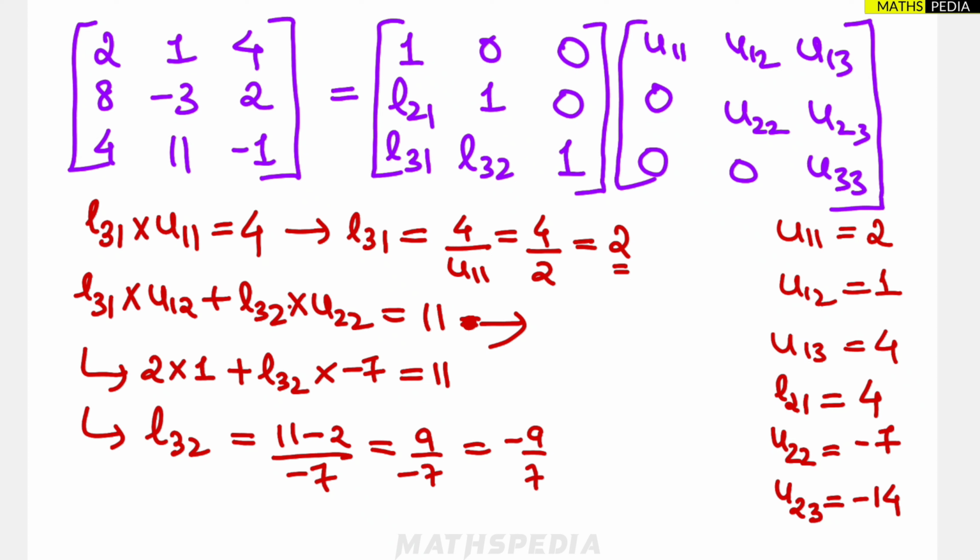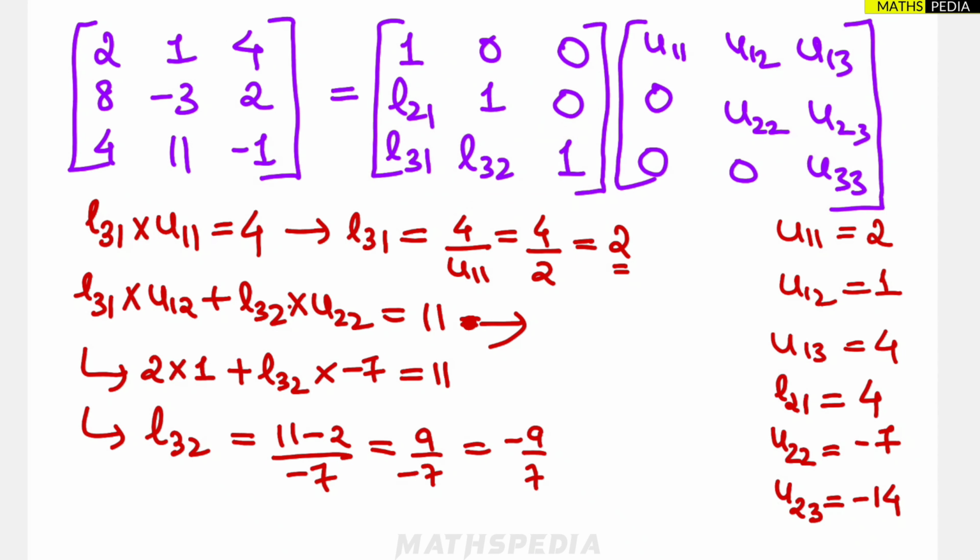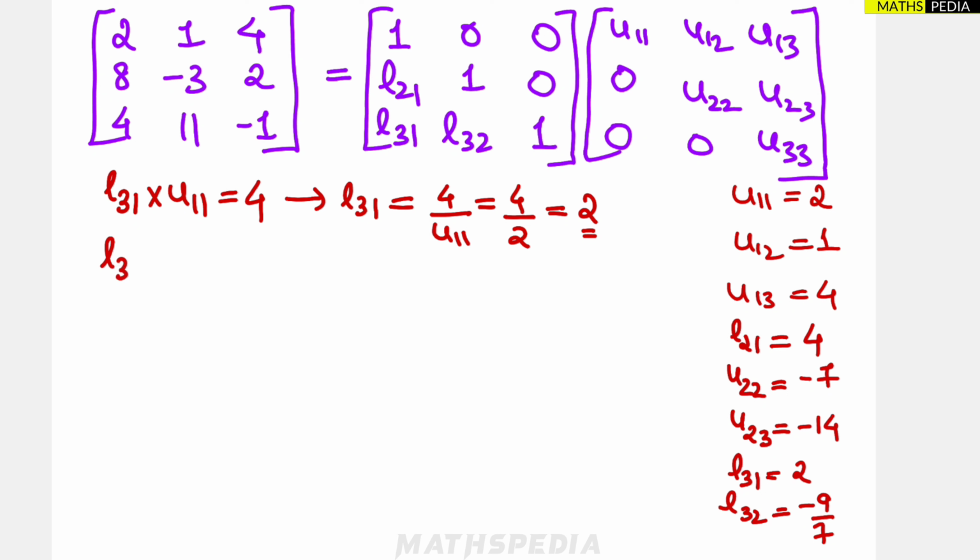Okay. Now the last equation we are left out, which is the third row and third column. So L31 into U13, L32 into U23 plus 1 into U33. L31 into U13 plus L32 into U23 plus 1 into U33 is equal to which element I should take?